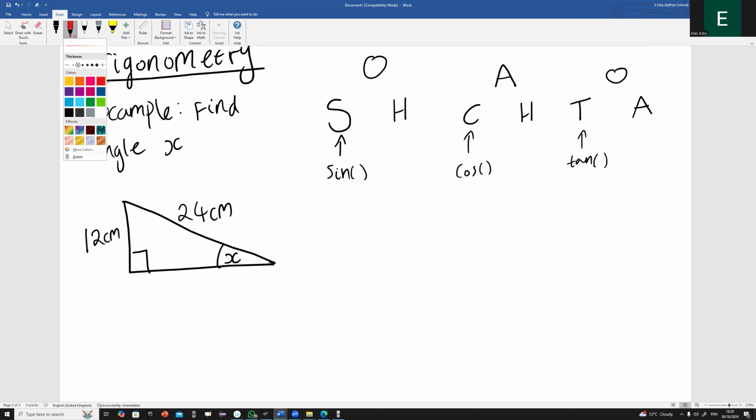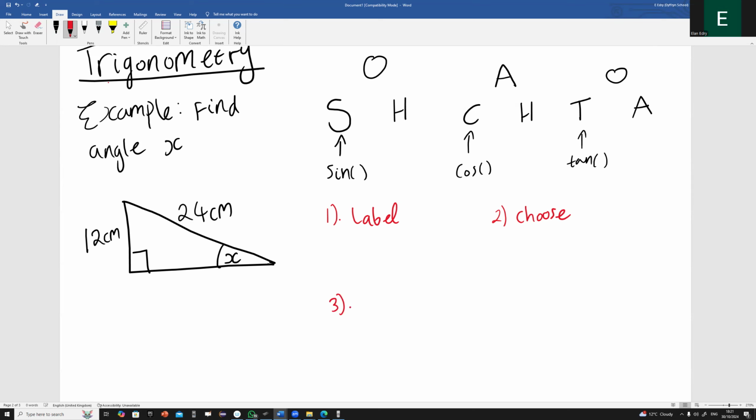What I do, I need to first label the triangle. Then I need to choose which of the three formulas I use. And then three, use shift for an angle. Okay, I'll explain exactly what all that means.